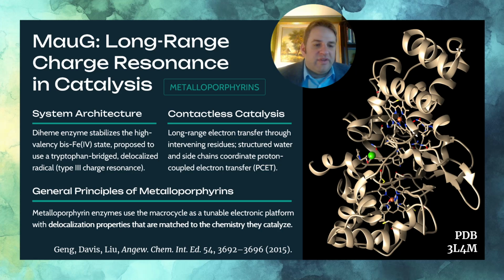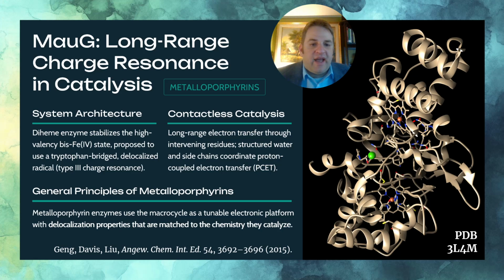And, with all the jargon aside, the basic idea is that an electron is delocalized across the two heme sites. And this delocalization and the long-range electron transfer that it enables in coordination with structured water and various amino acid side chains enables a proton-coupled electron transfer event that actually allows it to perform catalysis at a distance.